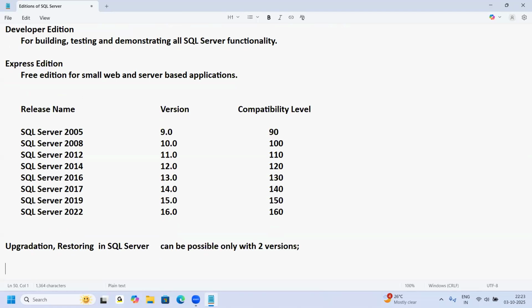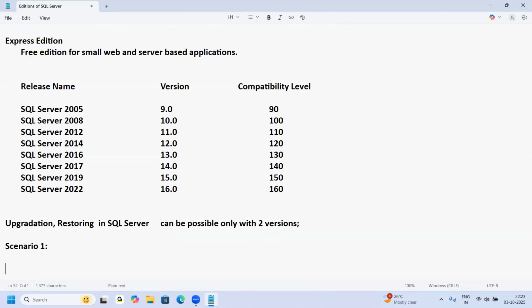Assume scenario one. Say in your system you have installed SQL Server 2008. It is already installed in your machine. Now you plan to upgrade 2008 to a new version, SQL Server 2016.